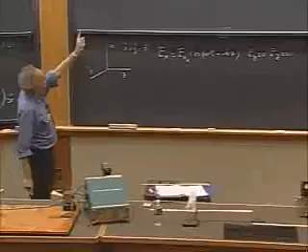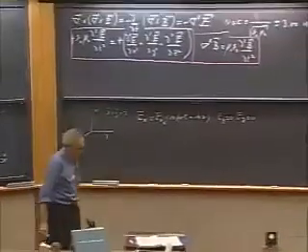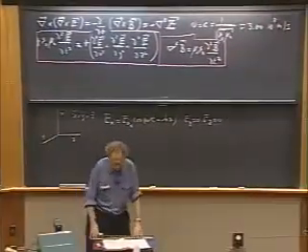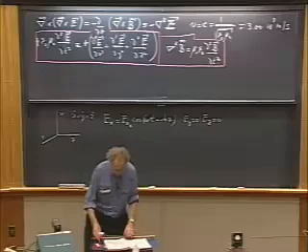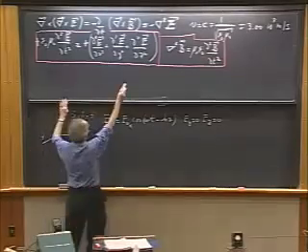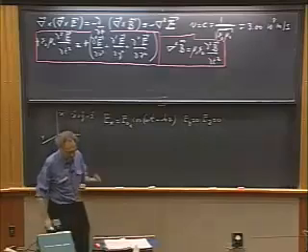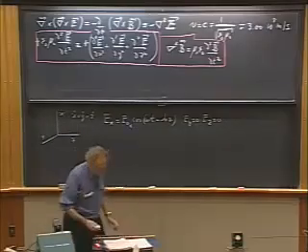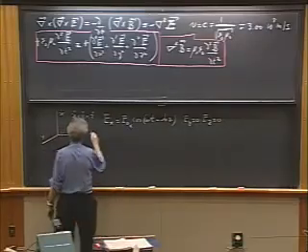The complicated three-dimensional wave equation collapses now to a one-dimensional wave equation. Of the 9 terms that you have here, only one term survives, and that is d2Ex dz squared.